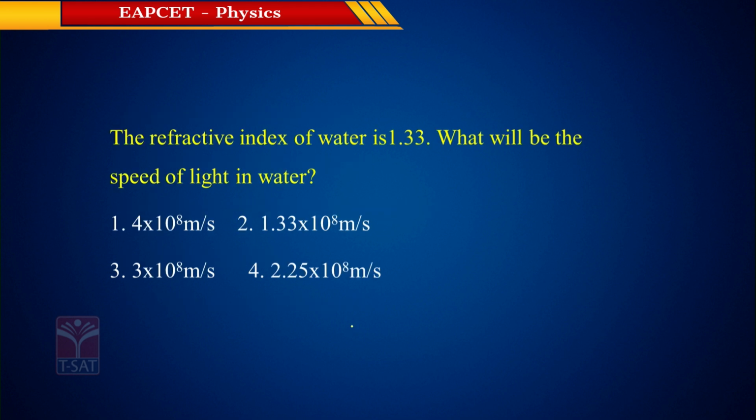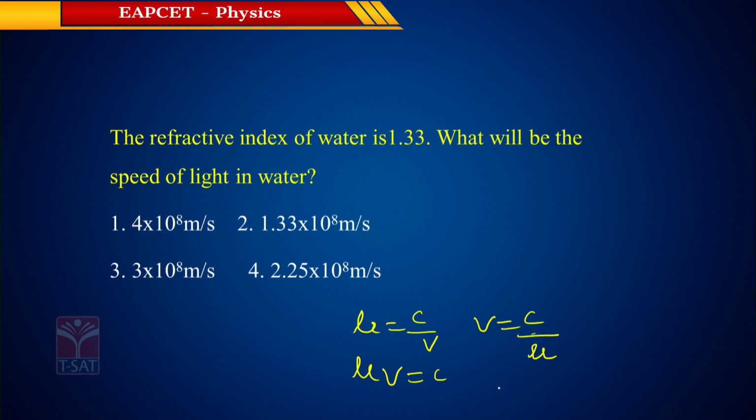And next, the refractive index of water is 1.33. What will be the speed of light in water? Okay, here the formula, you know that, mu is equal to C by V, children, or mu V is equal to C. We want to find out the V value. V is equal to C by mu.